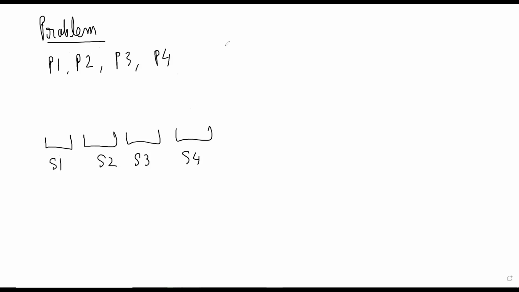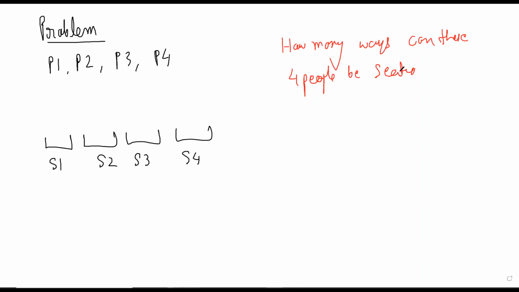Now the question is, as you can probably guess, how many ways can these 4 people be seated? Let me give you an example so that the question becomes more clear.